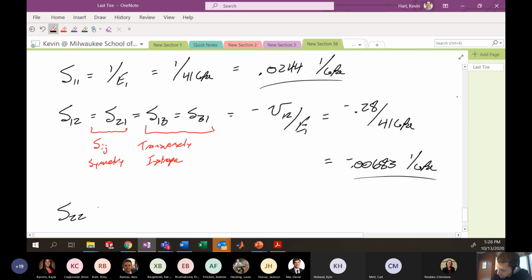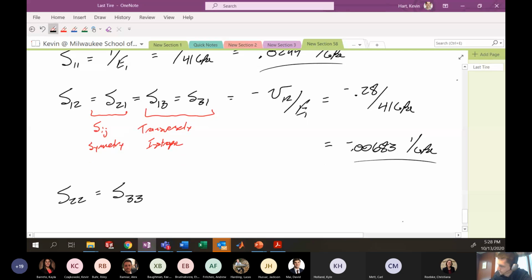Next, I'll calculate S22, which is the same as S33, because this, again, is a transversely isotropic material, which is why I have this additional relationship. And this here will be 1 on E2, which is 1 on the modulus in the 2 direction for this particular composite, 10.4 GPa.